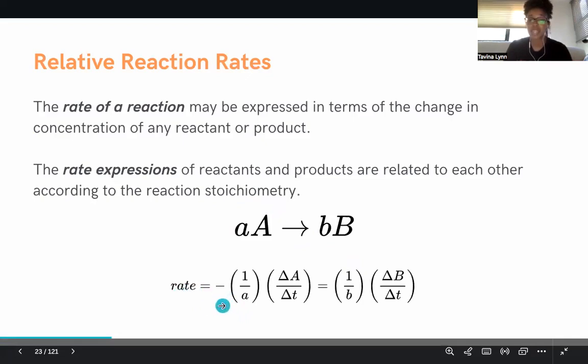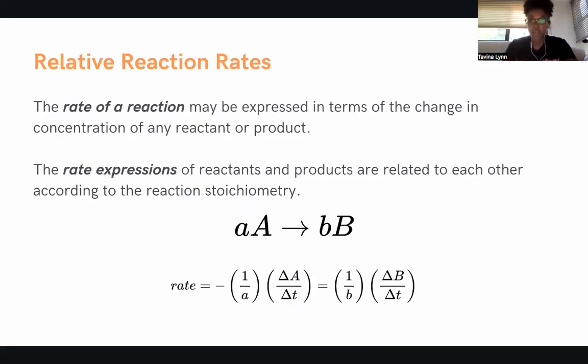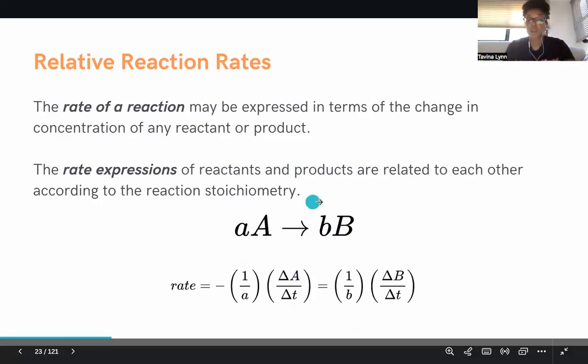So the rate is negative 1 over a, whatever our molar coefficient is, 1 over a, it's negative because it's our reactant, which is being consumed, times our rate expression, which is the change in concentration of A over the change in time, is equal to 1 over b, which is our molar coefficient in front of our product, times the change in concentration of our product B over the change in time.